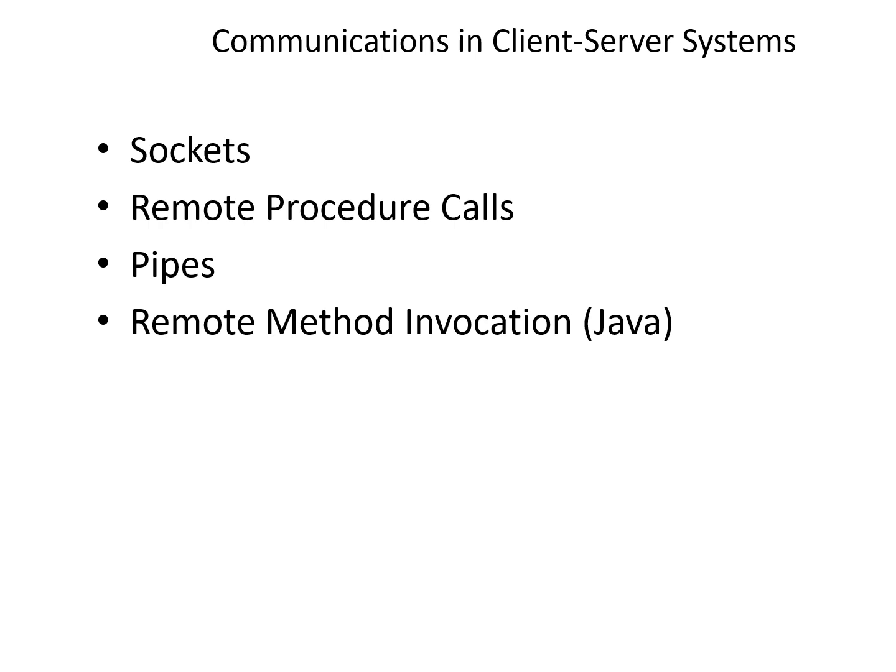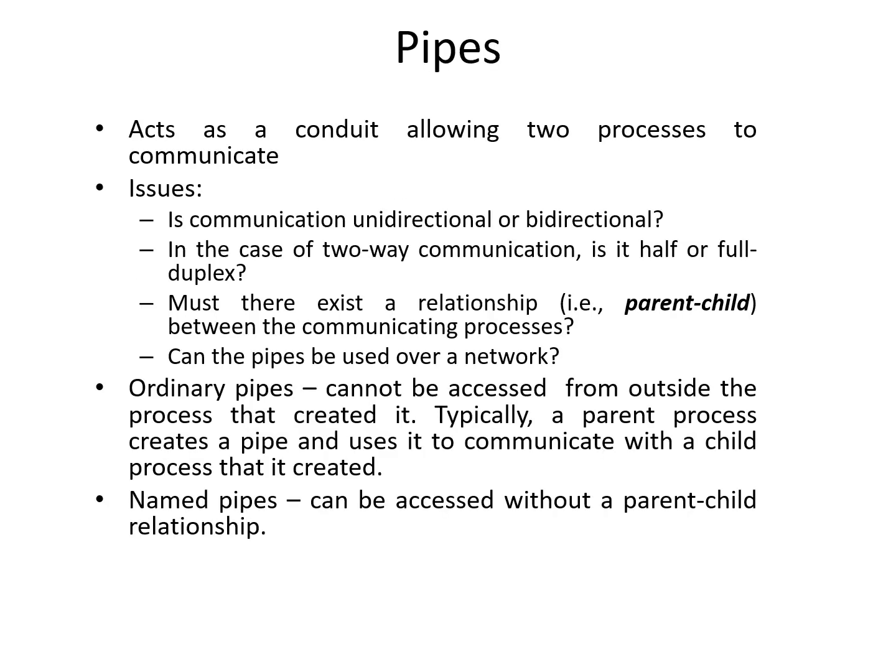Next topic is communication in client-server systems. The communication can be achieved by these four techniques: sockets, remote procedure calls, pipes, and remote method invocation. Now let us discuss pipes. A pipe acts as a conduit to allow two processes to communicate with each other.